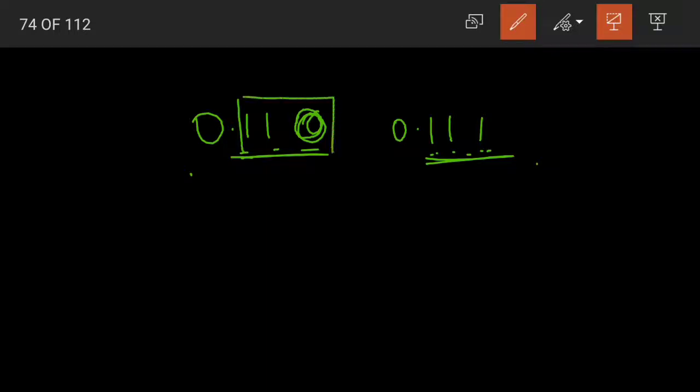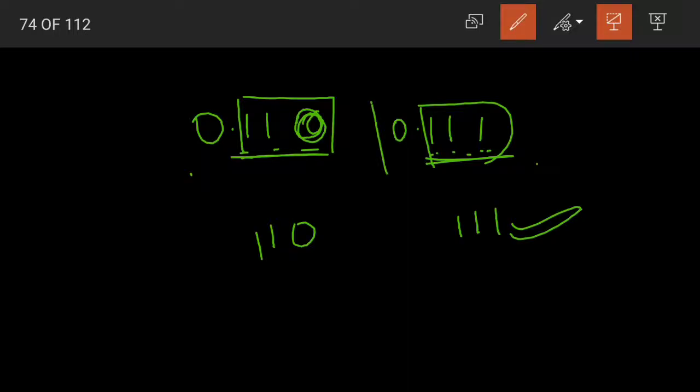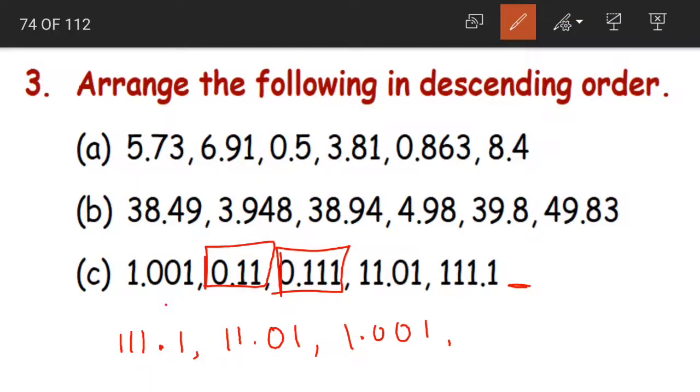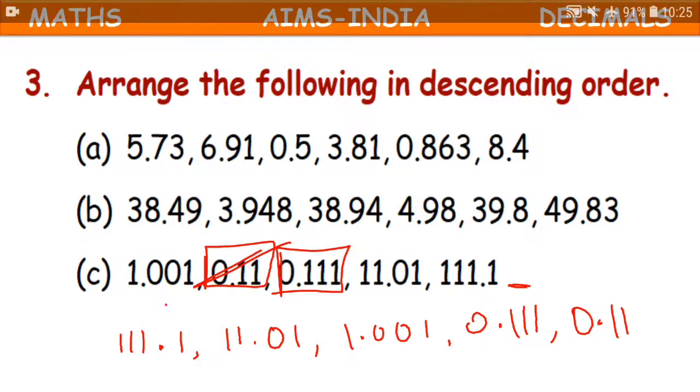So we can compare the decimal parts, 110 and 111. 111 is the greater decimal part. So this decimal number 0.111 becomes our next greater decimal. And lastly we'll have our 0.11. Understood children how to arrange the given set of decimal numbers in descending order, or else if you go in the opposite direction it will be our ascending order.